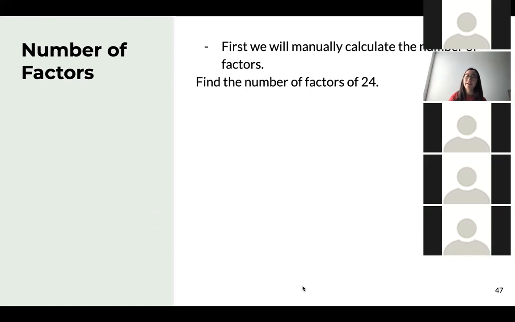You might have learned something called the factor rainbow in elementary school, so you can use that and then just type in chat when you get your answer. Just say how many factors 24 has.